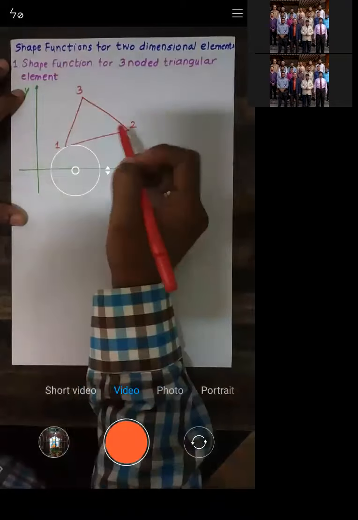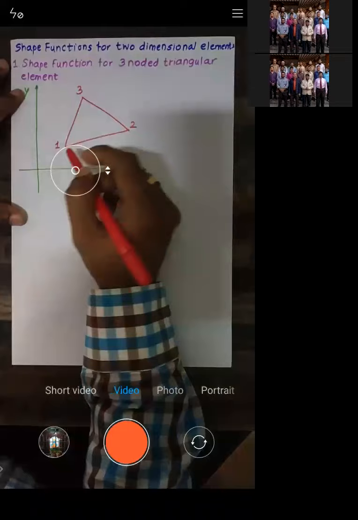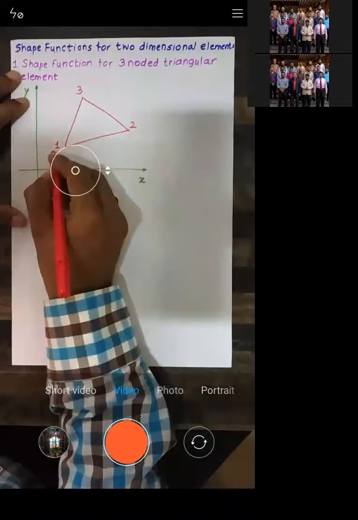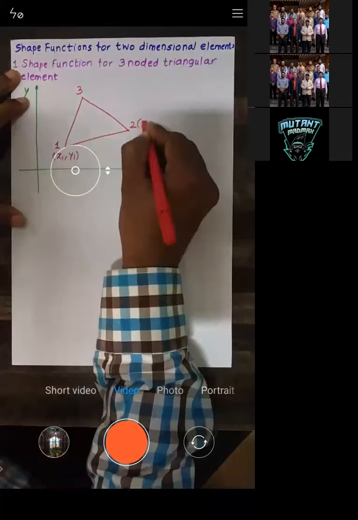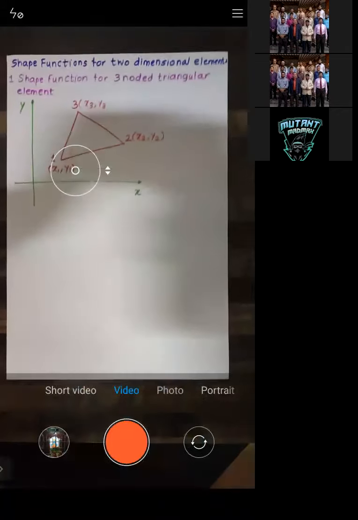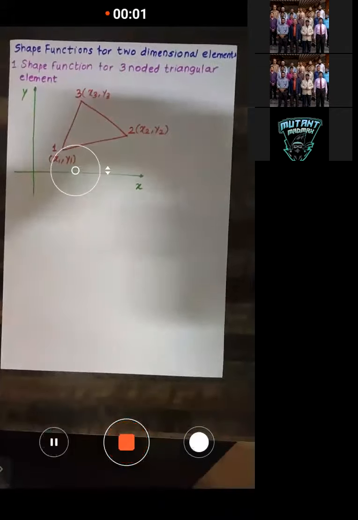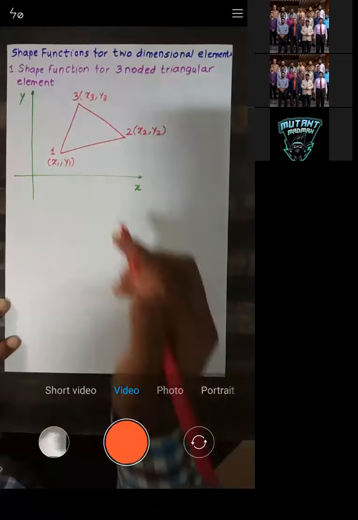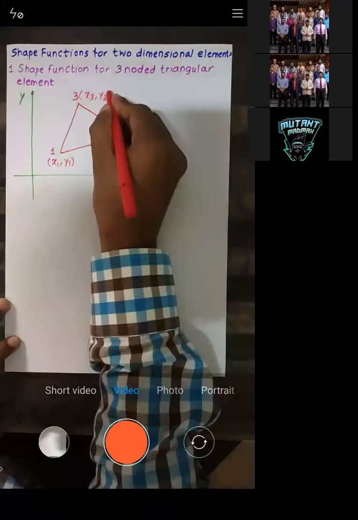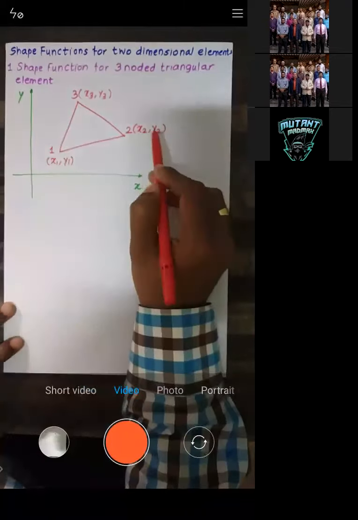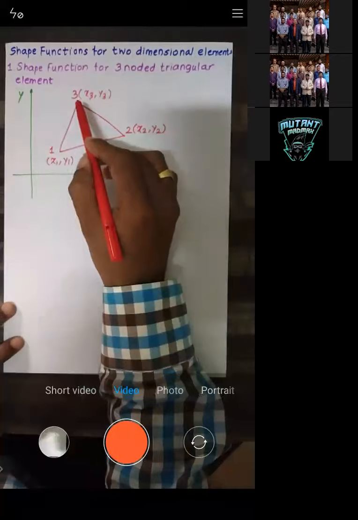Every node will have an x and y coordinate: x1, y1, x2, y2, and x3, y3. So node 1 has coordinate x1, y1, node 2 has x2, y2, and node 3 has x3, y3.